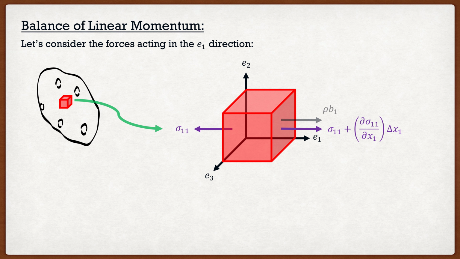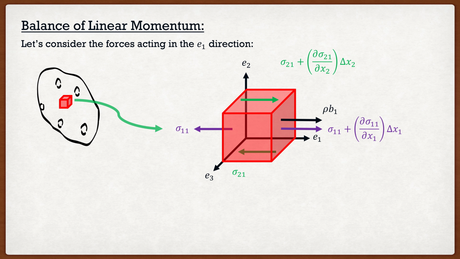All right. We also said that we have a body force in the horizontal direction, which is rho b1, but we also know that we have other stress components coming from the other faces of the cube. If we look at the top face of the cube, we have a stress component sigma 2,1, and on the other side, we have sigma 2,1 plus the change in sigma 2,1 over the distance delta x2, or the distance in the E2 direction.